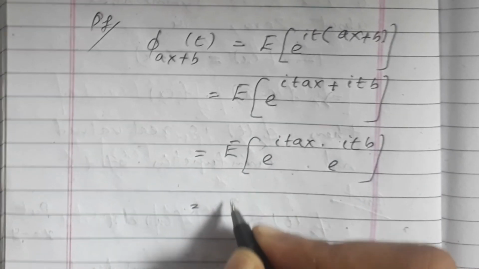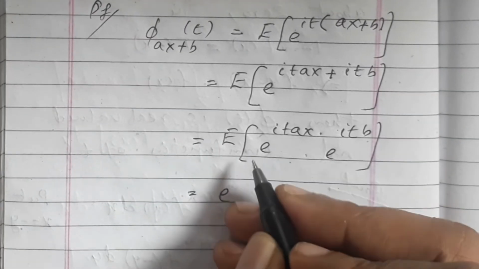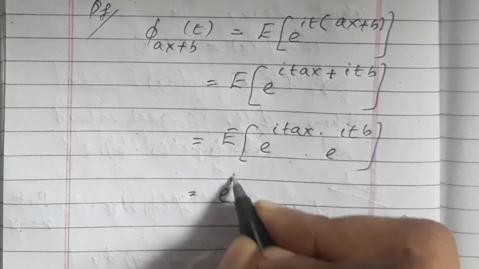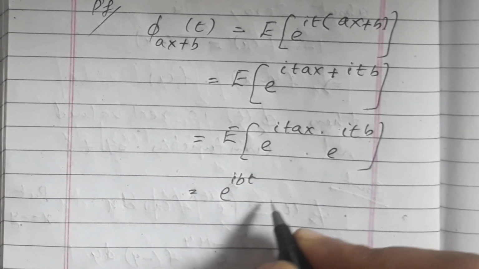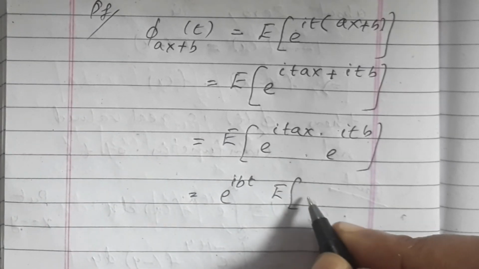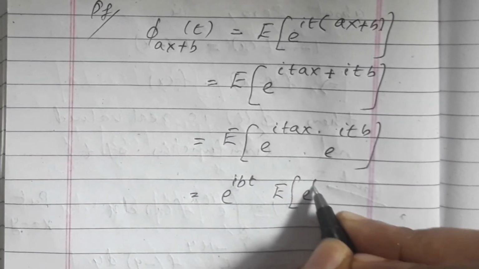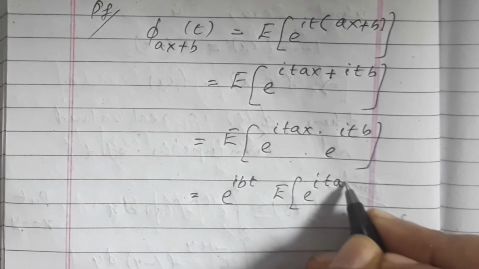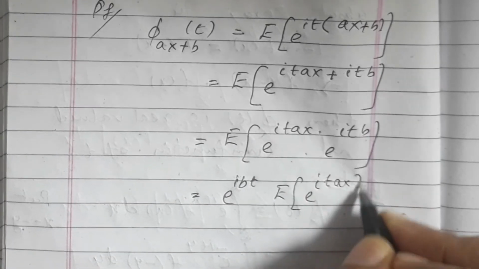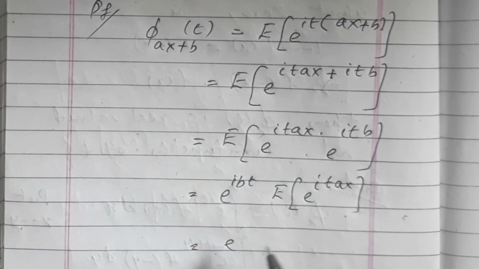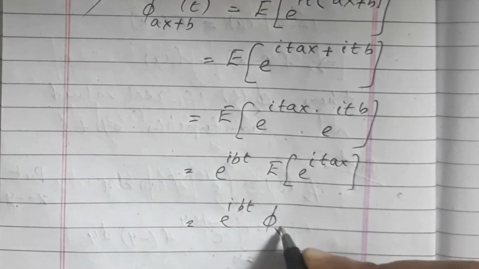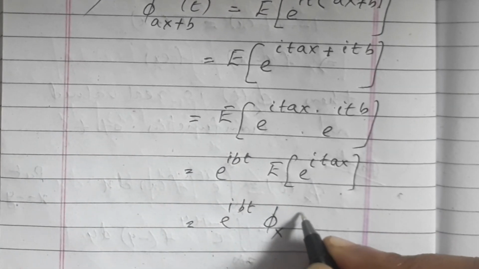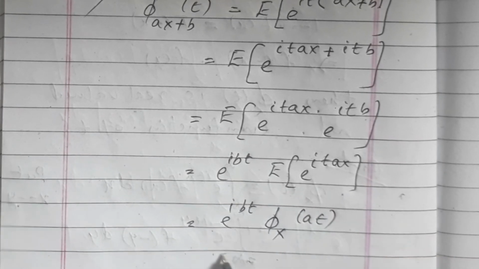Taking the constant outside, so e raised to ibt into expectation of e raised to itax, or iaxt, which is equal to e raised to ibt into phi x of at. Okay.